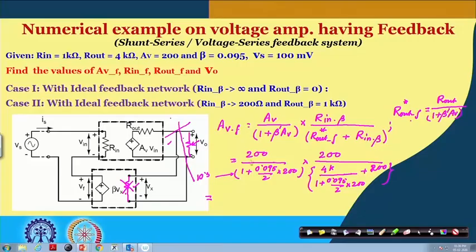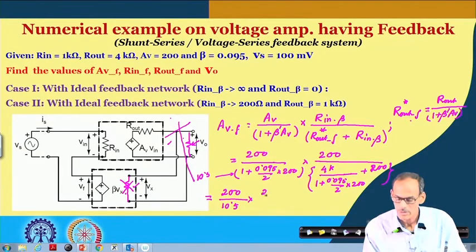So, that gives us 200 here divided by 10.5 multiplied by 200 ohms here divided by 4 k, 4000, divided by 10.5 plus 200.